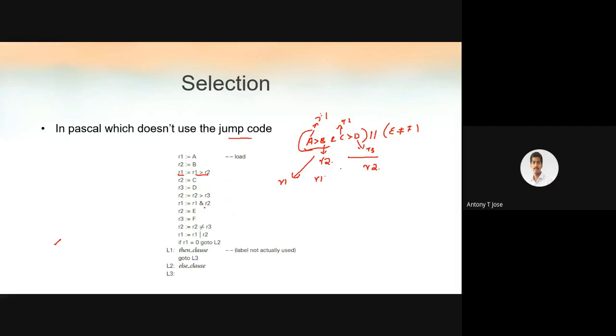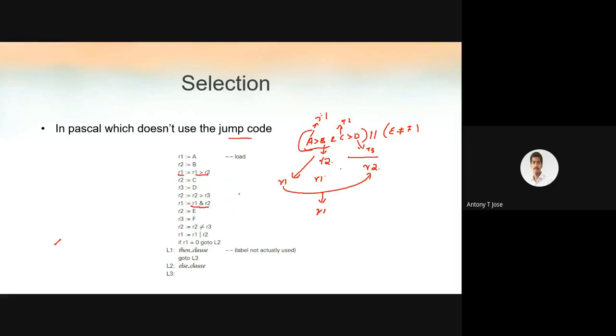Then you will be completing A greater than B and C greater than D. R1 has the result of A greater than B, and R2 has the result of C greater than D. So it will calculate R1 and R2, that is A greater than B and C greater than D, and the result is stored in R1.